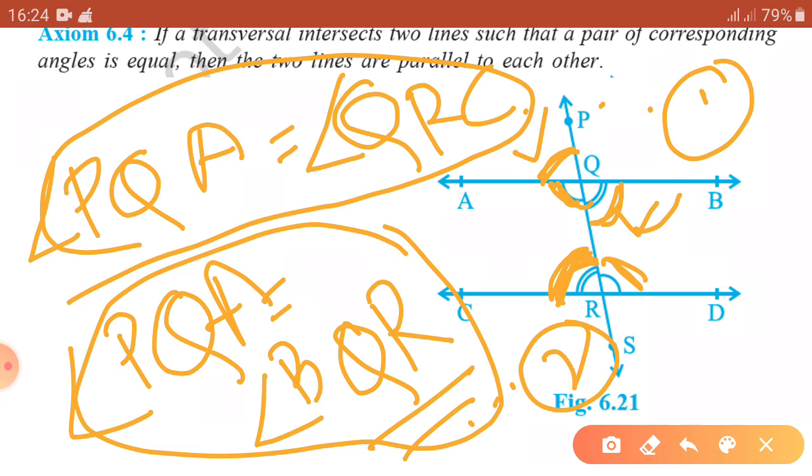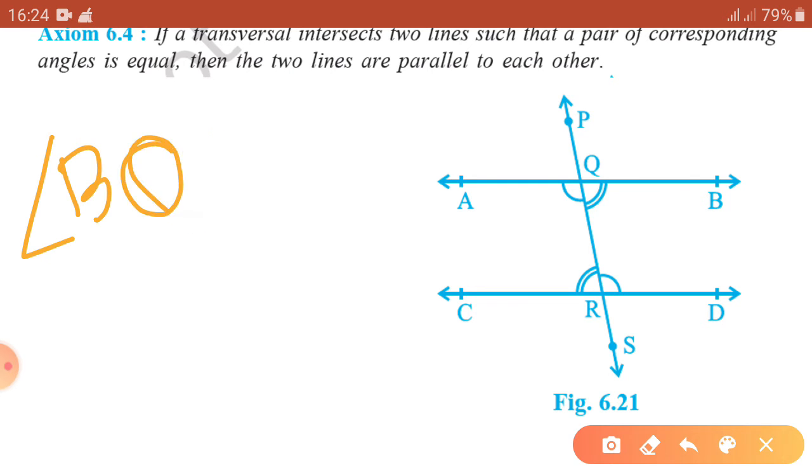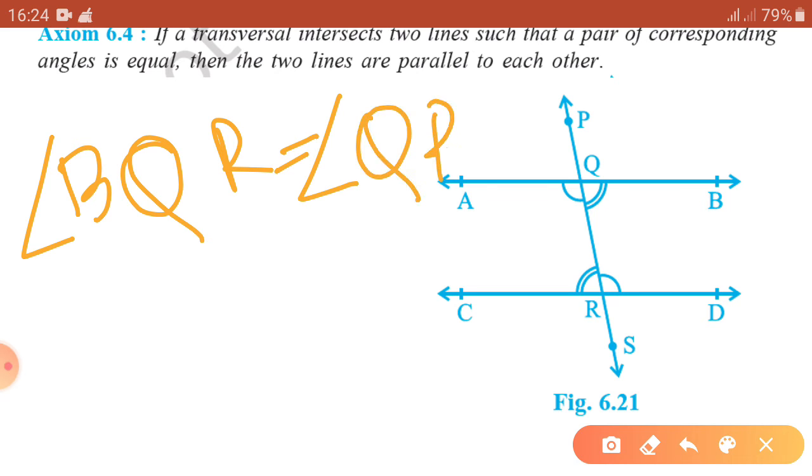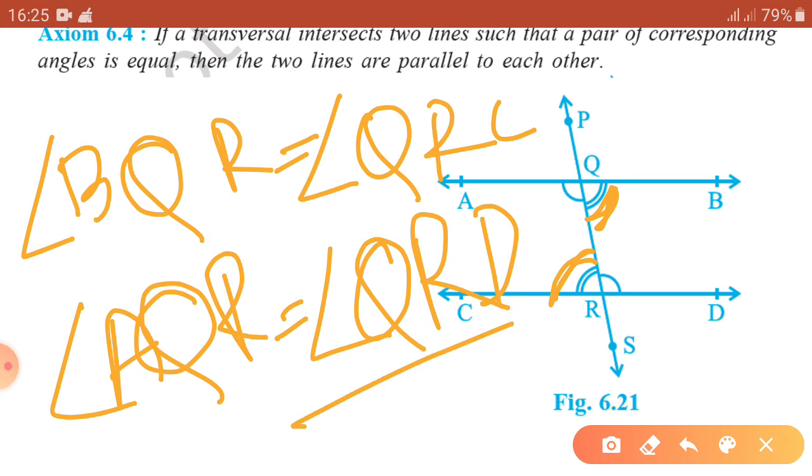So from these two equations, equation 1, angle PQA equals angle QRC, and equation 2, angle PQA equals angle BQR, we can write that angle BQR is equal to angle QRC. Similarly, you can find that angle AQR equals angle QRD.